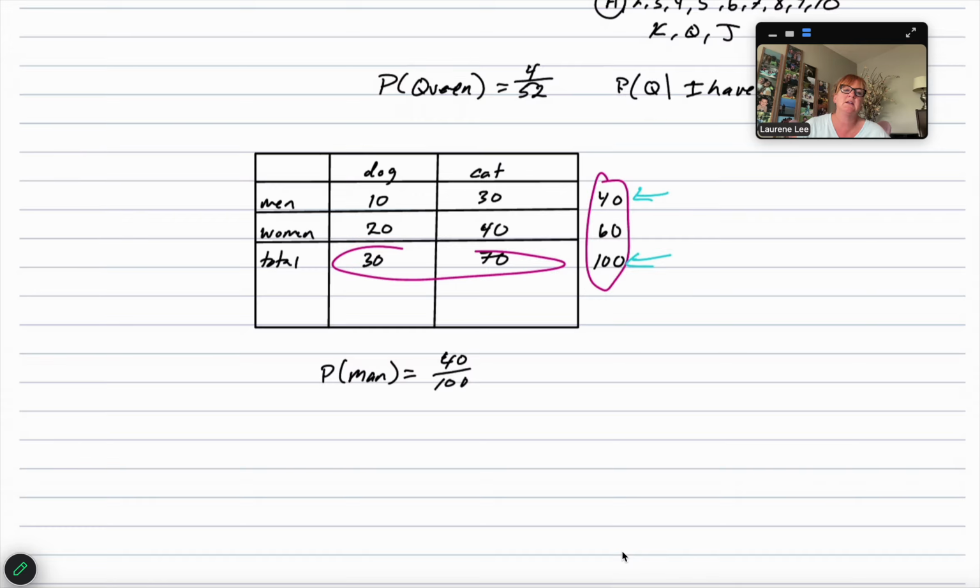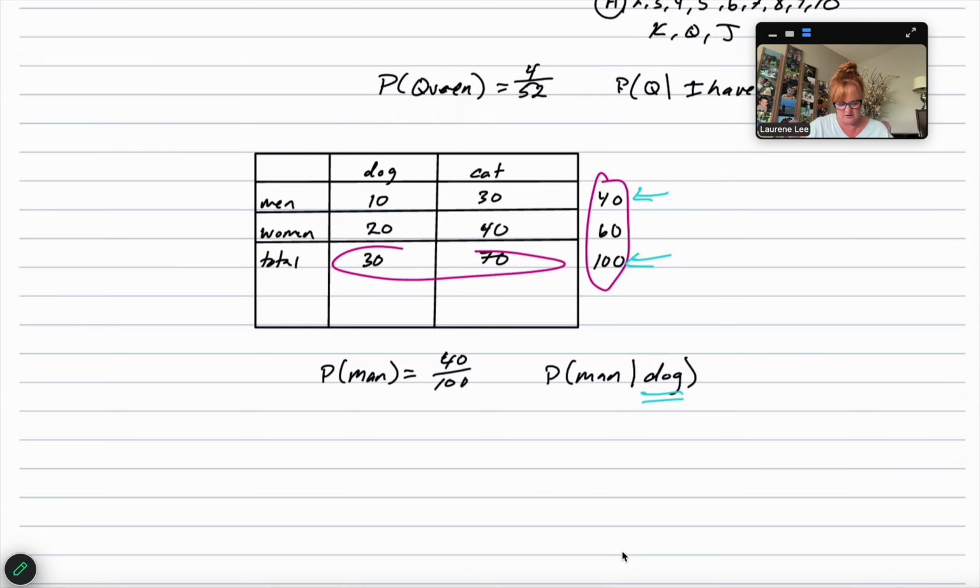But now I can ask you, what's the probability that I select a man given that they own a dog? What this does is it says, I don't want you to any longer look at anybody who owns a cat. This second part, we kind of read it backwards.